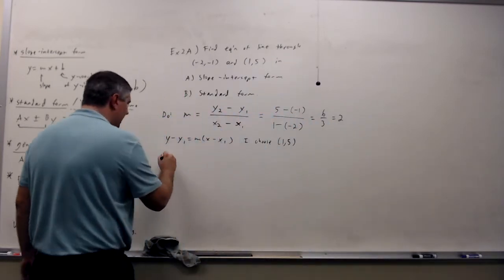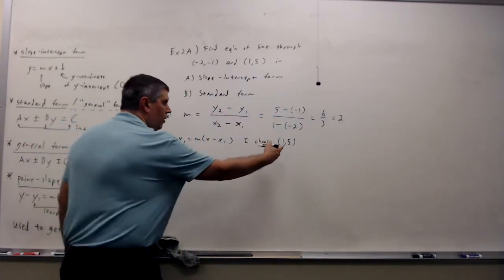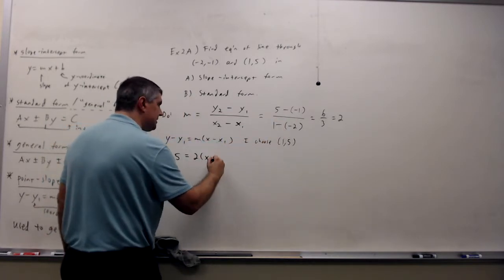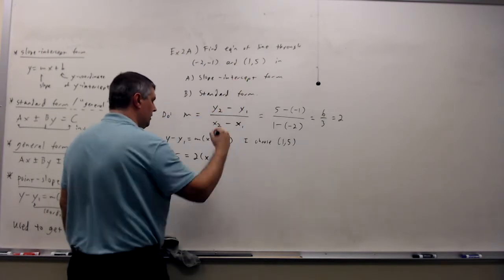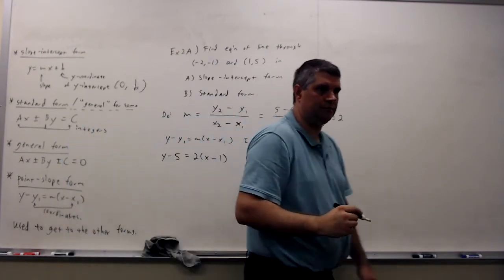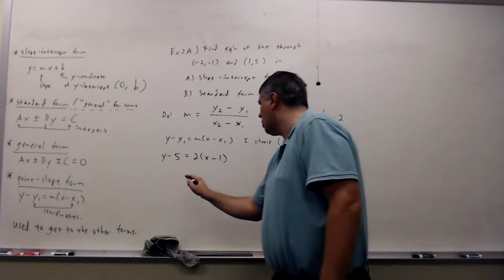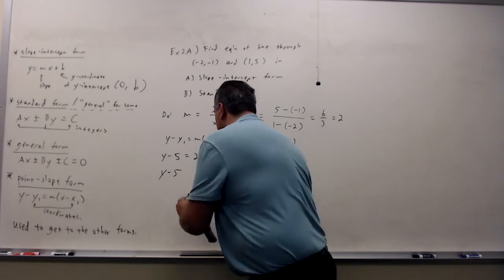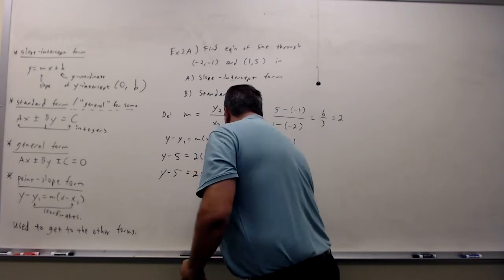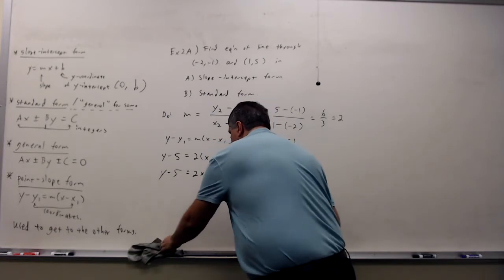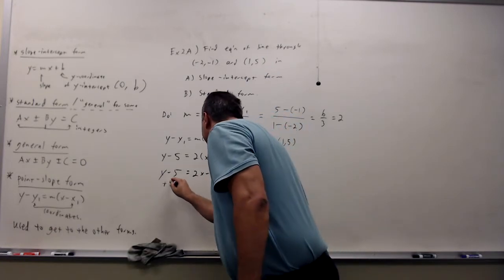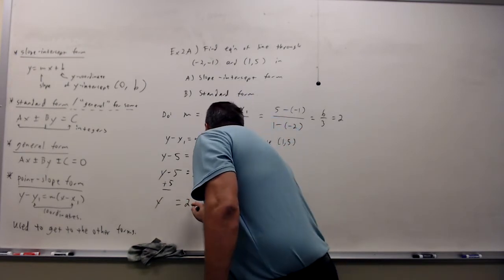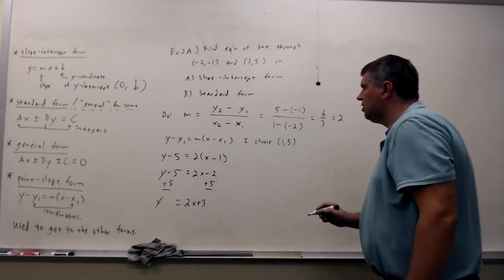So it'd be y minus the y-coordinate, 5, equals slope, 2, times x minus the x-coordinate, 1. So, y minus 5 equals 2x minus 2. Add your 5, and we have y equals 2x plus 3. So A is done.